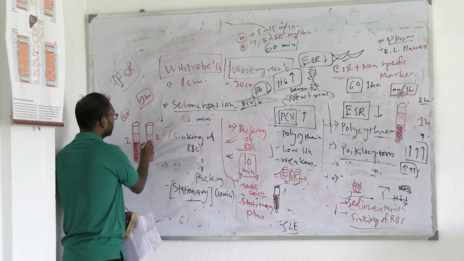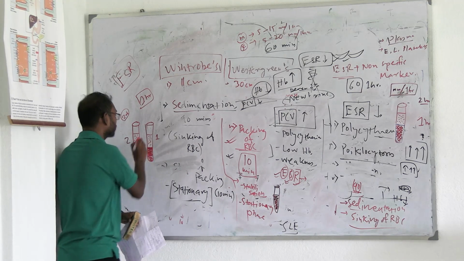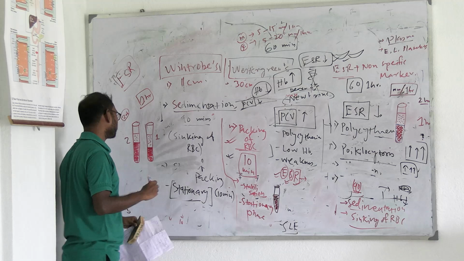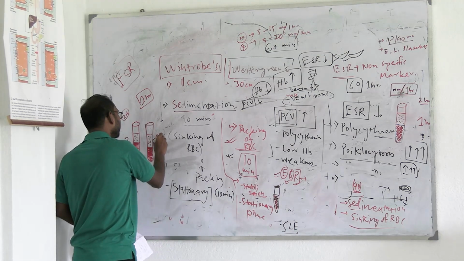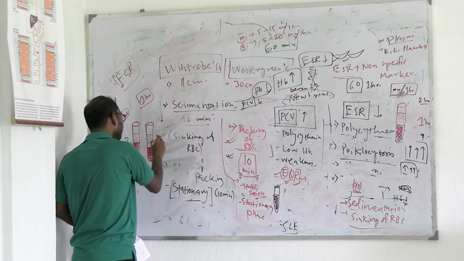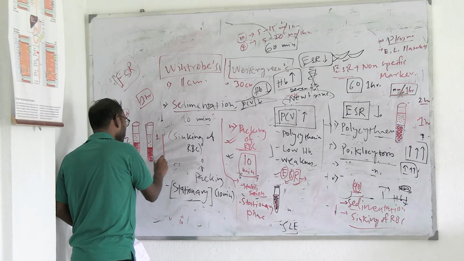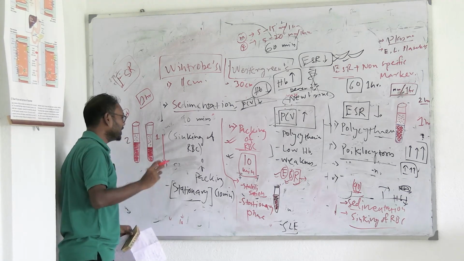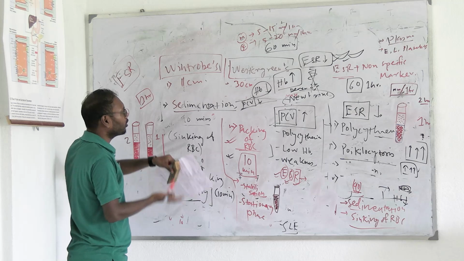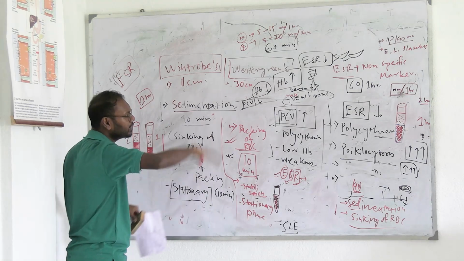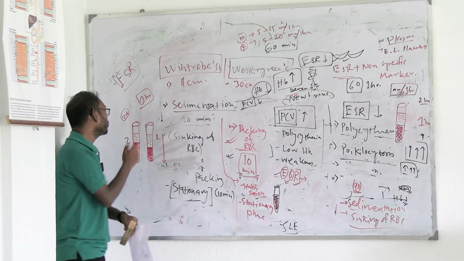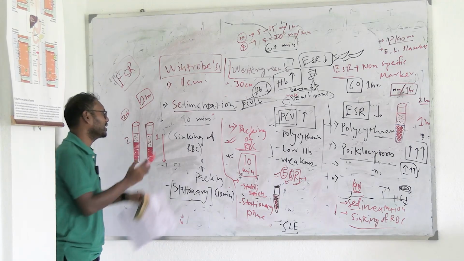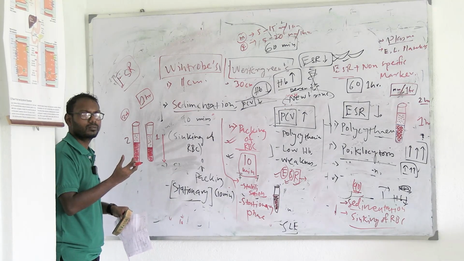So after 1 hour, the sedimentation of this one is more. Sedimentation means clumping of the cells, packing of the cells, completion of the process. So among these two bloods, in which person is the clumping and the sedimentation more?